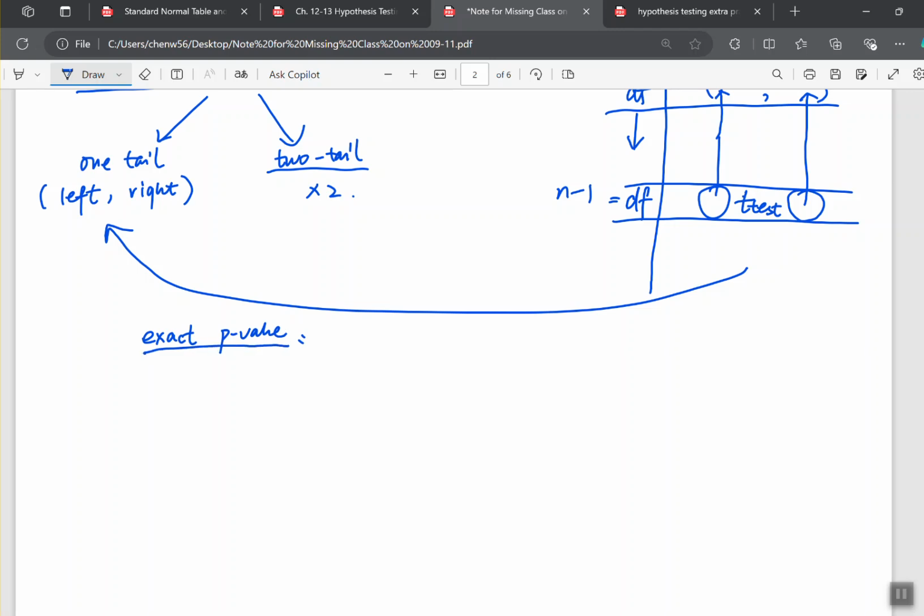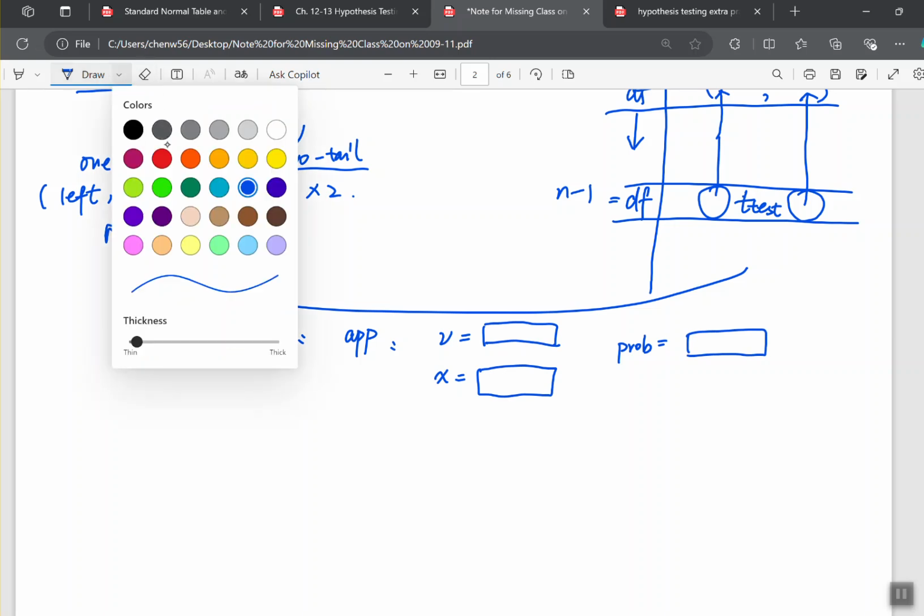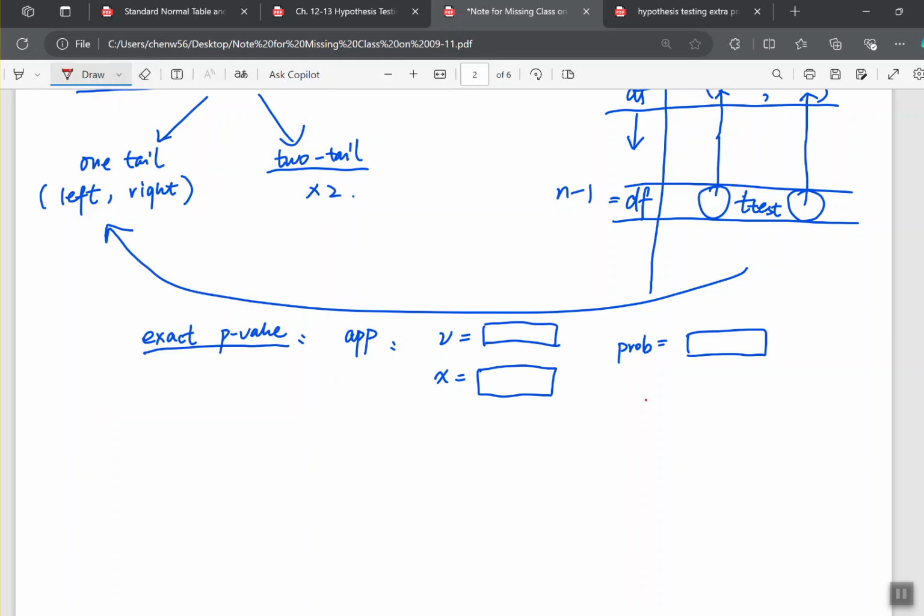Then you can go through the app, and in the app you have the nu, you have the x value, and then to the right you have the probabilities. If you need the exact p-value, you do need to enter some values in your app.